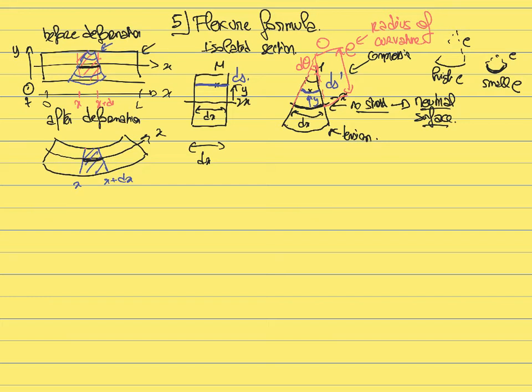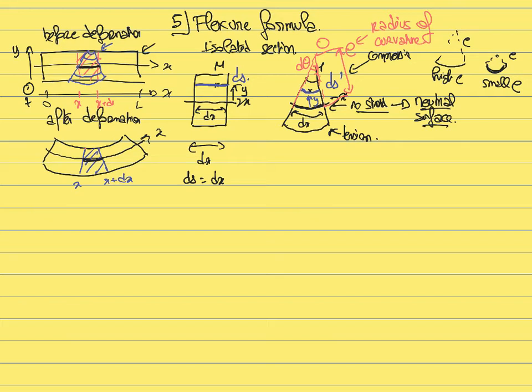So if we look first at this section ds before deformation, initially ds is just equal to dx. That's the portion of the beam before deformation. It's just equal to the thickness of this portion of the beam, so it's just equal to dx. After deformation, how do I get ds prime?